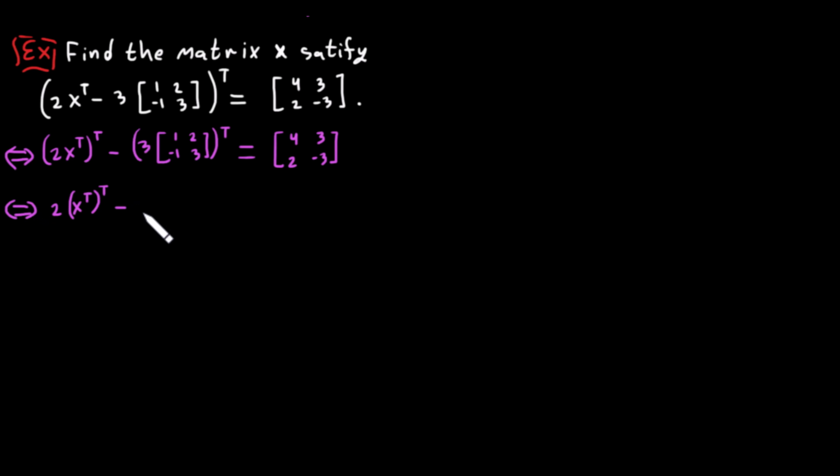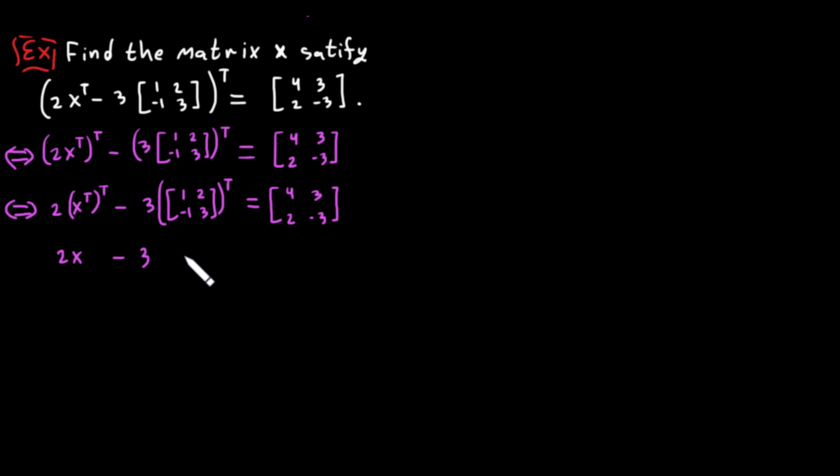And here the same thing, the 3 will go out, and here 1, 2, negative 1, 3, and the whole thing here transpose equal 4, 3, 2, negative 3. Now we know the transpose of a transposed matrix goes back to the original matrix. So here it will become just X as we did in the second property.